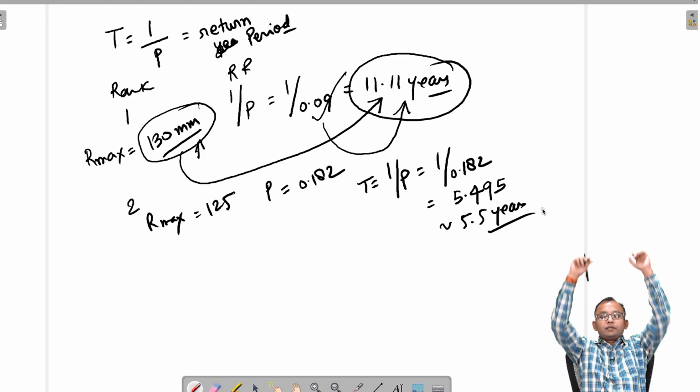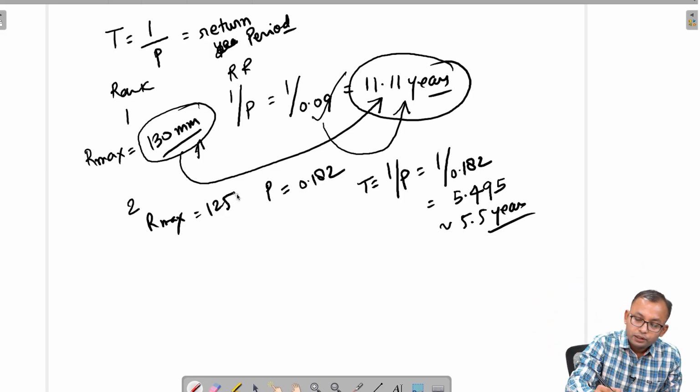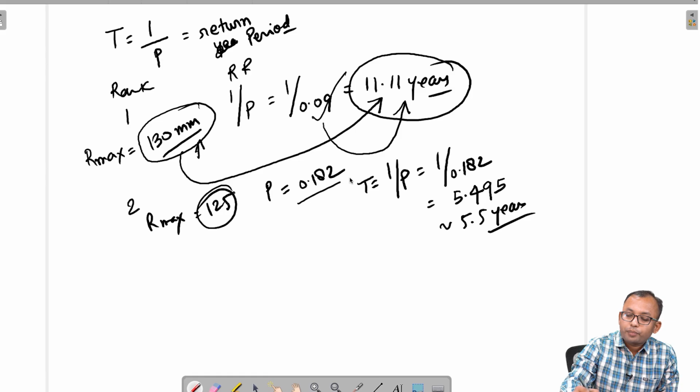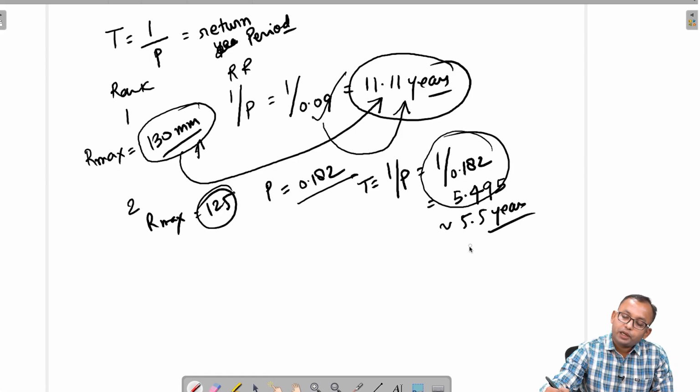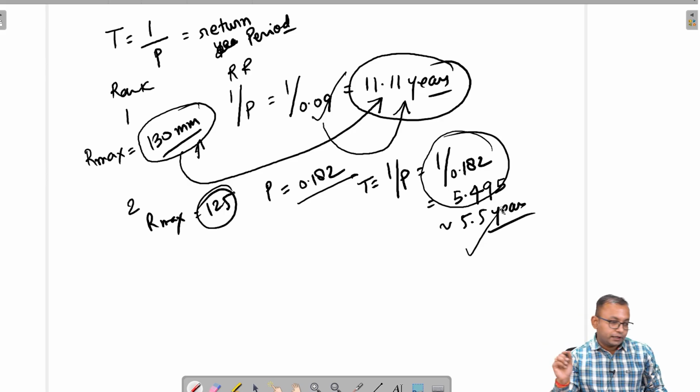So, when we are talking about 125, we have this probability, we can calculate the return period, that is coming out to be 5.5 years in the data set.